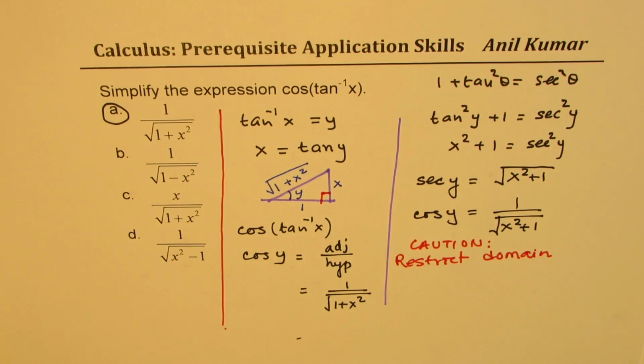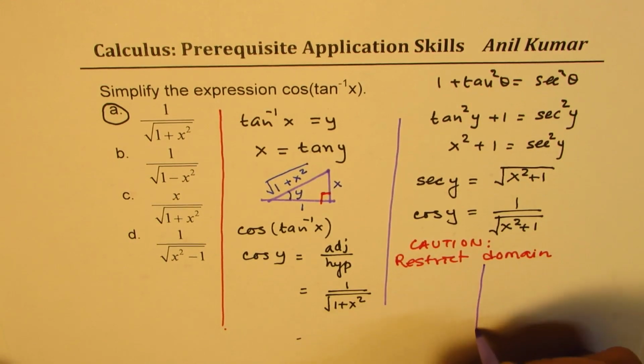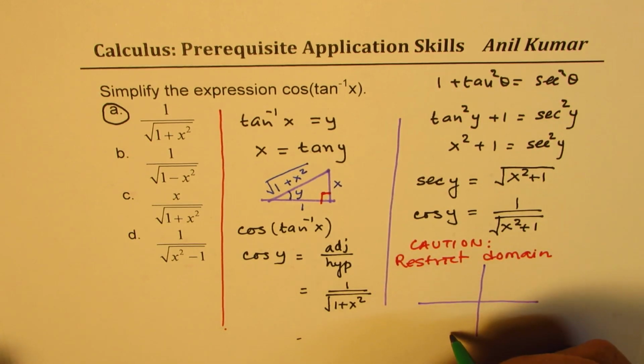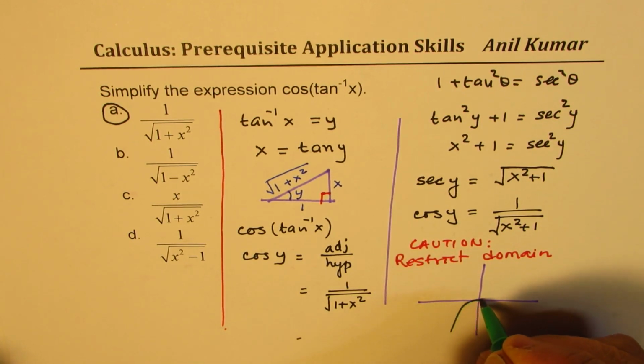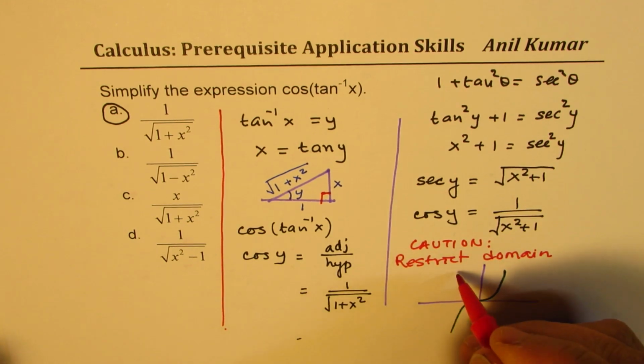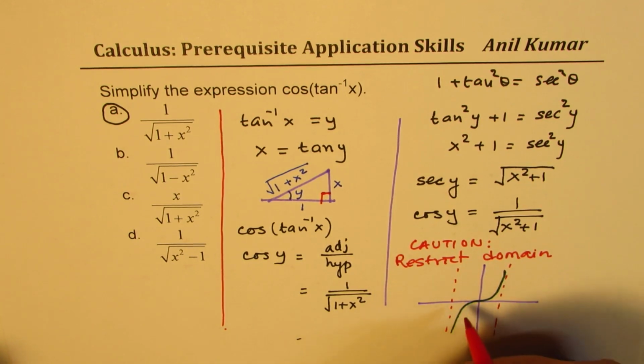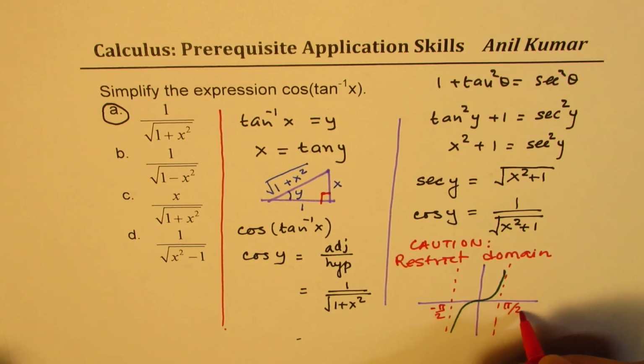Correct? So for a tan function, what is the function like? So it's kind of like this. The graph of a tan function repeats like this, correct? So what we normally do is we always restrict the domain for the inverse of a tan function within the interval minus pi by 2 to pi by 2, correct?